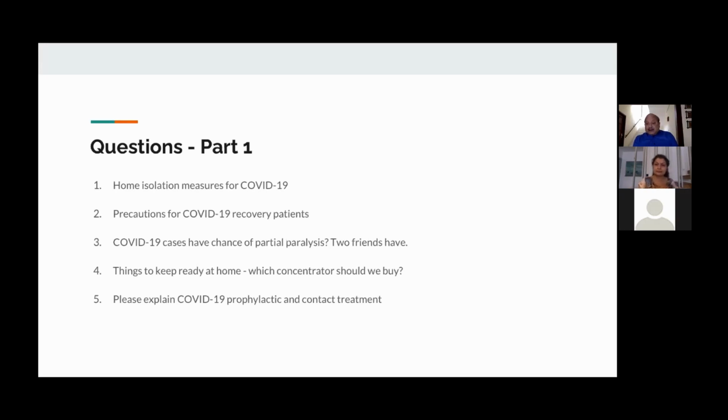People just refuse to take the vaccine. I know of even one or two doctors, my own colleagues and healthcare workers, who have not taken the vaccine, saying that it is not safe.